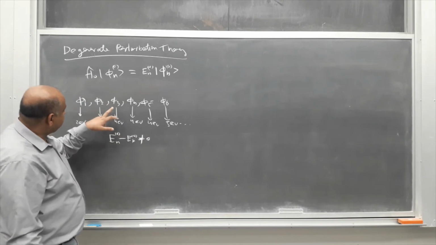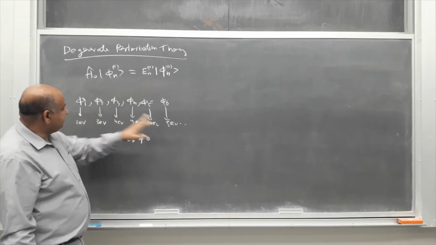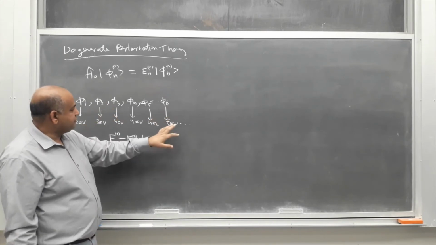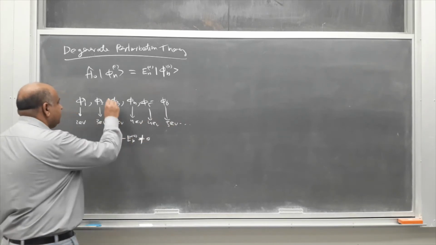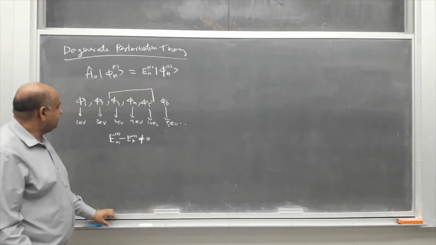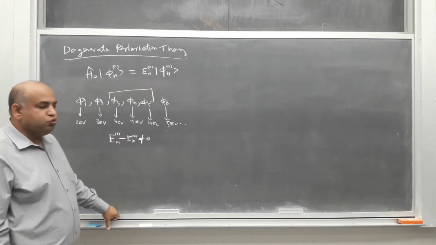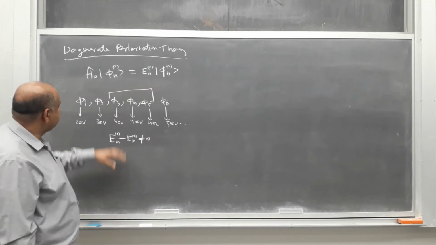Similarly you can find correction to phi 6 because its energy is different from other energies. However, for these states, we need to use another method to find corrections to these energies.